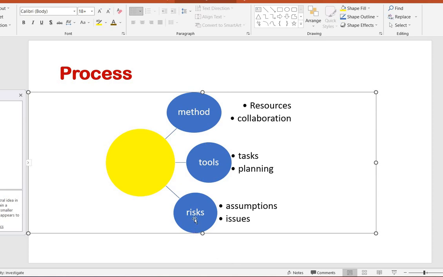And finally, risk is also one of the biggest parameters, because whatever assumptions we have made as part of our project activity may create some sort of ambiguity or conflict, which may lead to risk. Assumptions always have another side of the coin, which is risk.